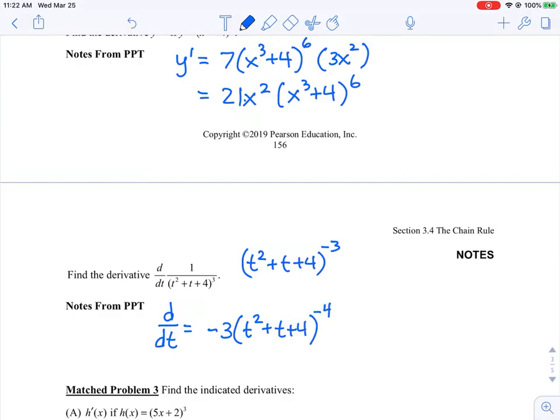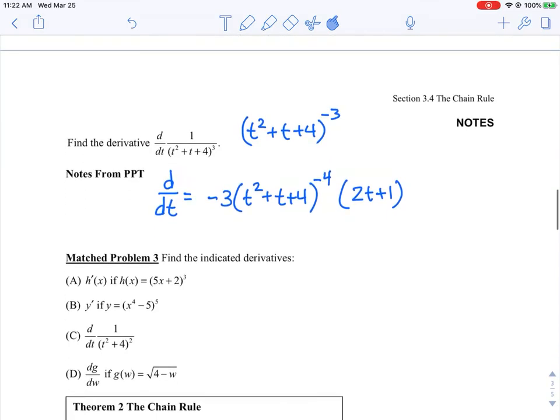Subtract 1. Negative 3 minus 1 is negative 4. And then take the derivative of what's inside. You can rewrite that if you like. This would all be in the top, or the numerator, and then our denominator would be raised to the 4th power.